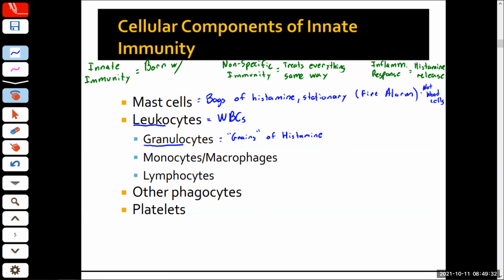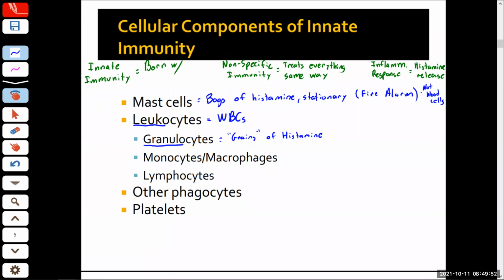So if a granulocyte is a type of white blood cell, what's the main difference between a granulocyte and a mast cell? Granulocytes are blood cells, therefore these ones are moving. Your mast cells are stationary, okay?